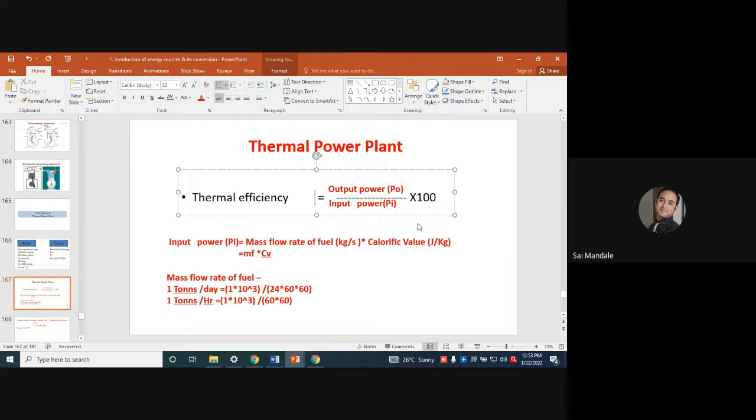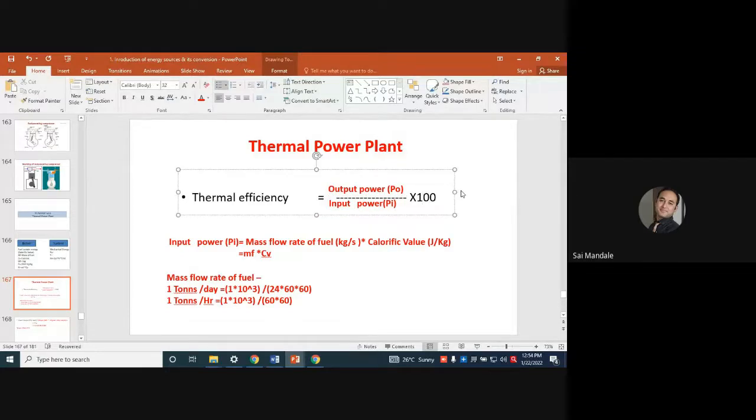Performance of any power plant is measured on its efficiency. Efficiency is nothing but output upon input. So what is output? Output is the power developed by the power plant, power output. What is input? Just right now you have calculated: heat energy given to the boiler is the power input, and efficiency is always calculated in terms of percentage.